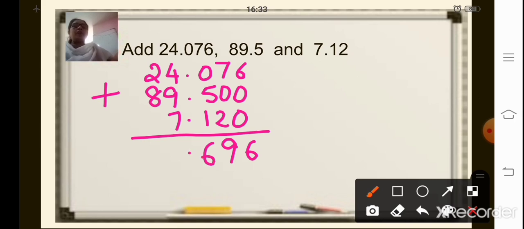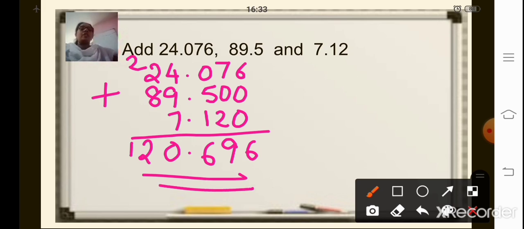Put the decimal point in the correct place. Now 9 plus 4 is 13, and 13 plus 7 is 20. So 2 carry over. 8 plus 2 is 10 and 10 plus 2 is 12. So your answer is 120.696.